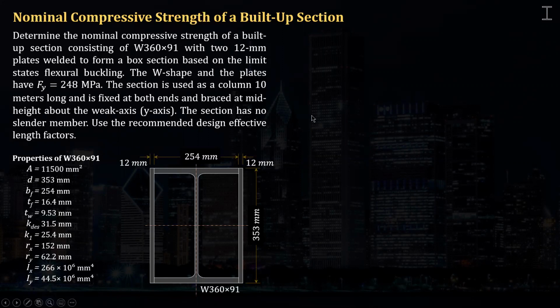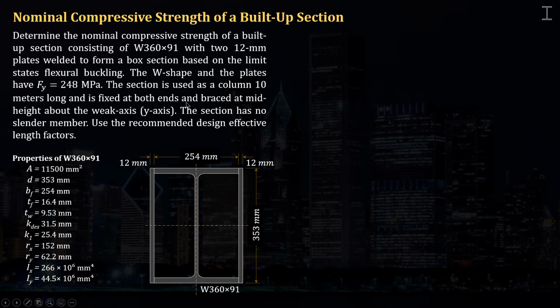The W shape and the plates have Fy equal to 248 megapascals. The section is used as a 10-meter long column and is fixed at both ends and braced at mid-height about the weak axis, that is the y-axis. The section has no slender member. Use the recommended design effective length factors.